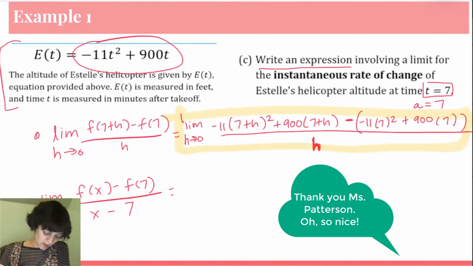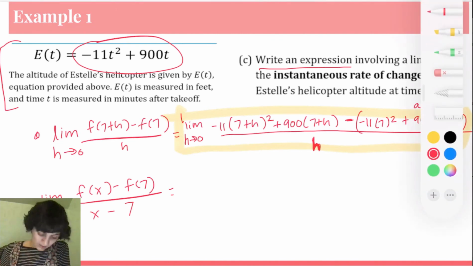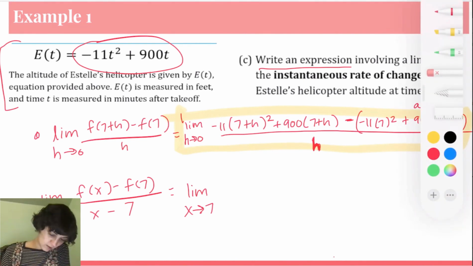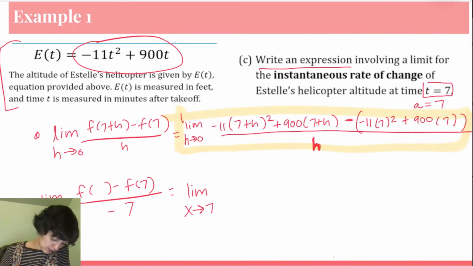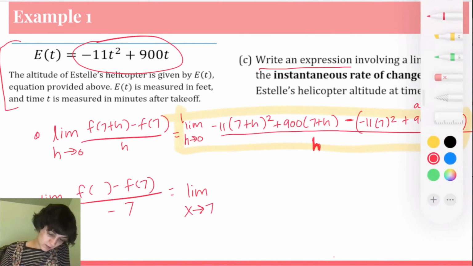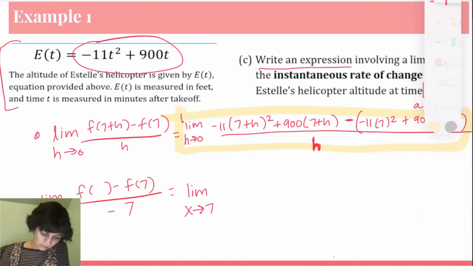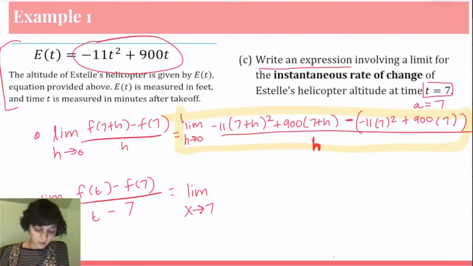Now let's do the other one. This time I'll be very careful to add my limit as x approaches 7. F of x is just my equation. I'm actually going to change these to t since it technically is using t. My function is using t. So instead of x, I'm going to write t, just to be true to the original equation.